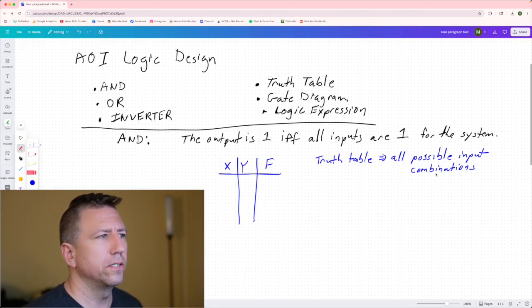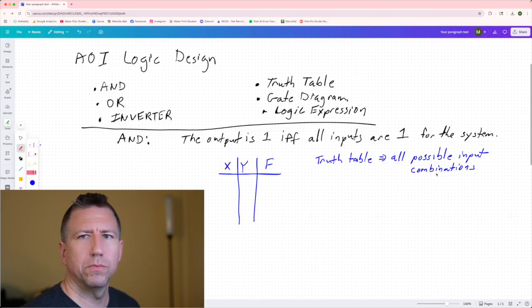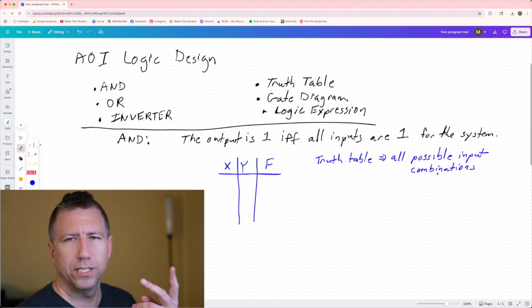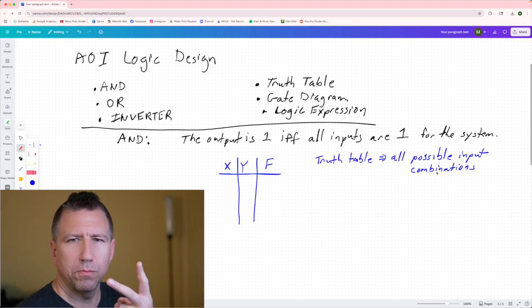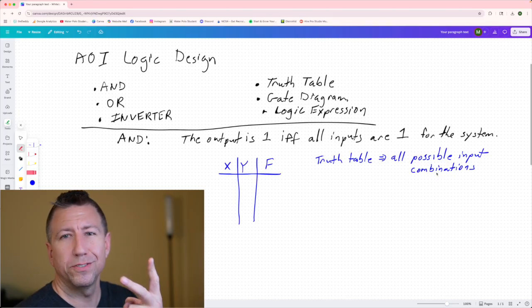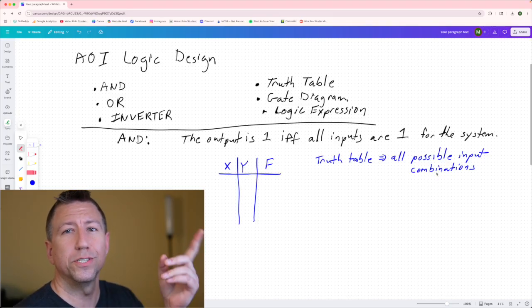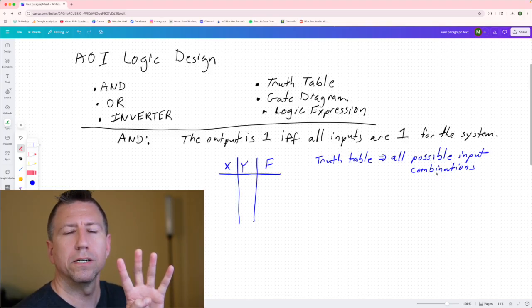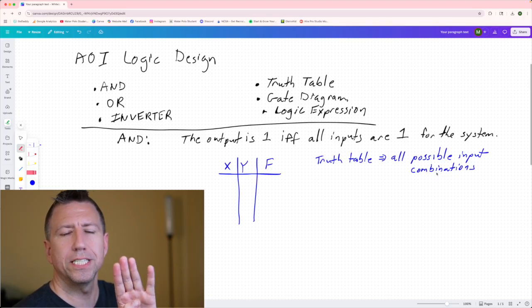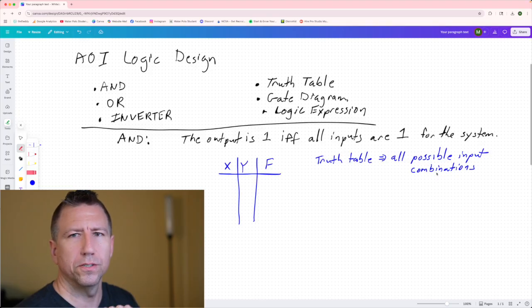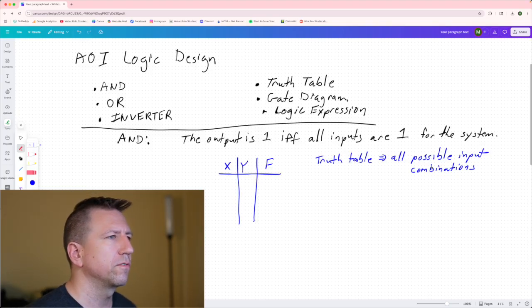The second thing to note is that if you have n number of inputs, then the number of rows in your truth table is 2 to the n, 2 to the power of n. Because for each input can be a 0 or a 1, so they basically double the possible number of input combinations. So if you have one input, you have 2 rows where the input is 0 or 1. If you have 2 inputs, then you have 2 to the 2, which is 4 rows, where one could be 0 or 1 for each case of the other being a 1 or a 0. So that gives you 4 combinations, and so on and so forth.